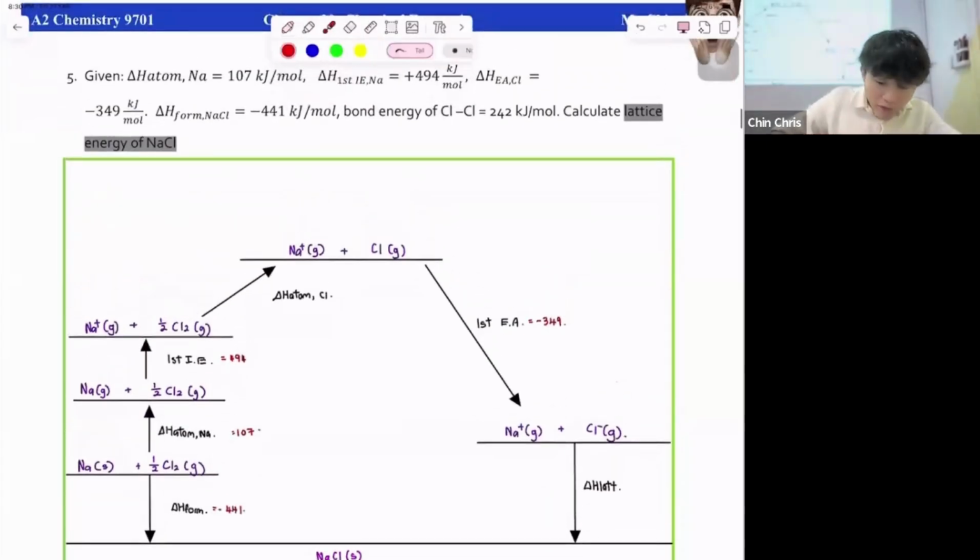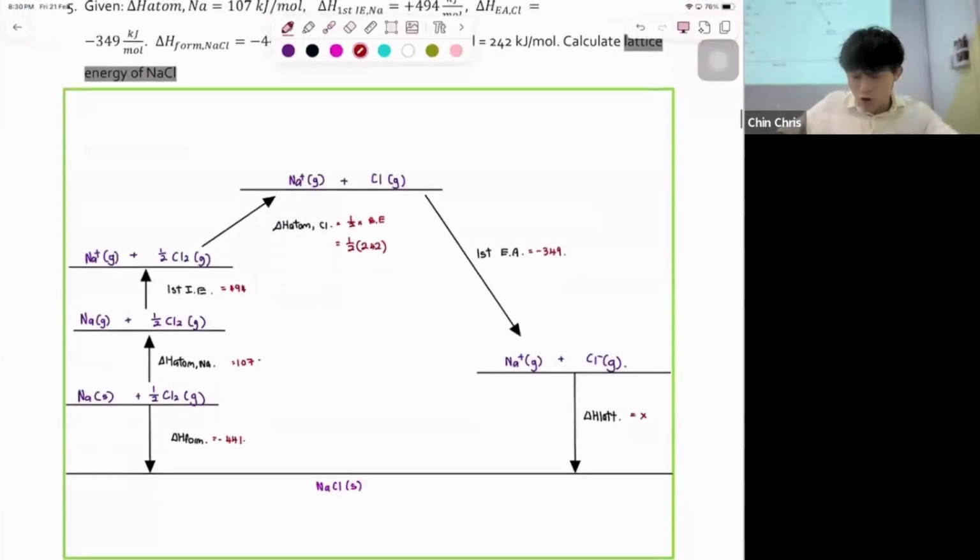Okay, next. Bond energy of Cl. So guys, how to turn bond energy into atomization? So guys, this is atomization. So atomization is half times your bond energy, right? Half times 242.